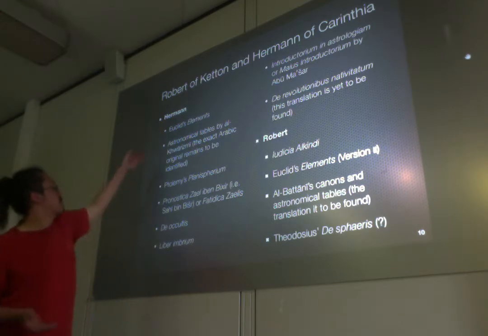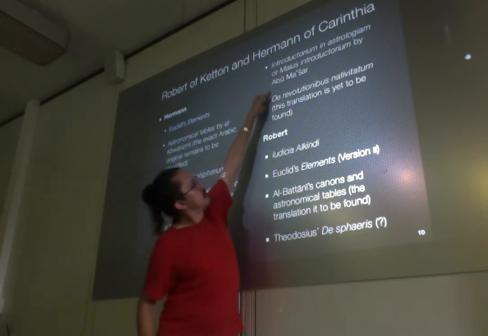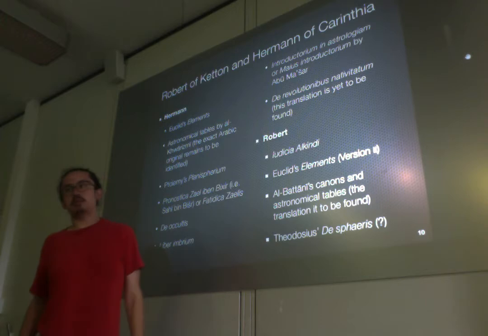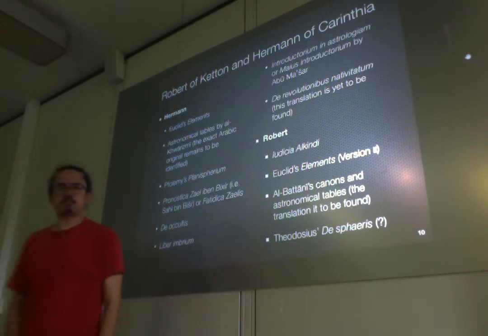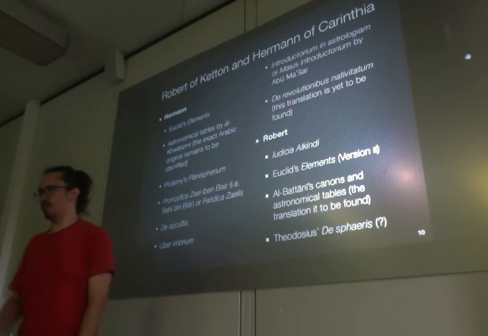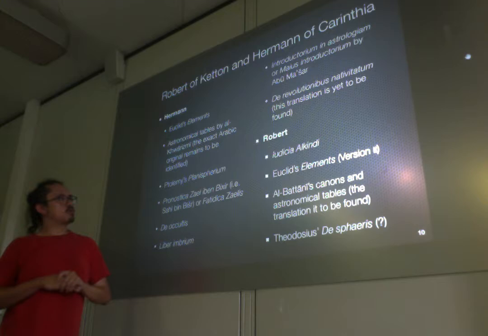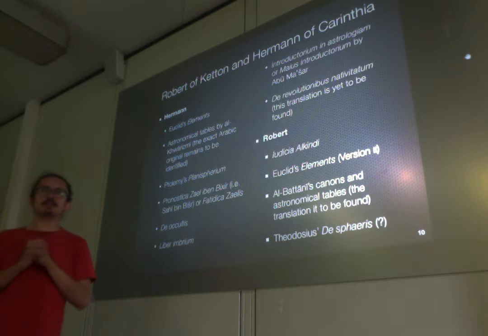Probably his main work next to Euclid's Elements was the Introductorium in Astrologiam by Abu Ma'shar, which has been regarded as the introduction to astrological practice. And Robert didn't translate that much, and this I think I will propose in a paper.